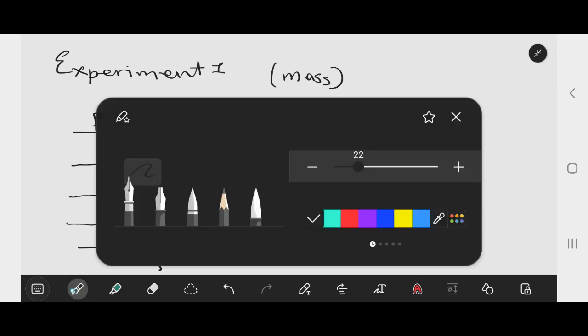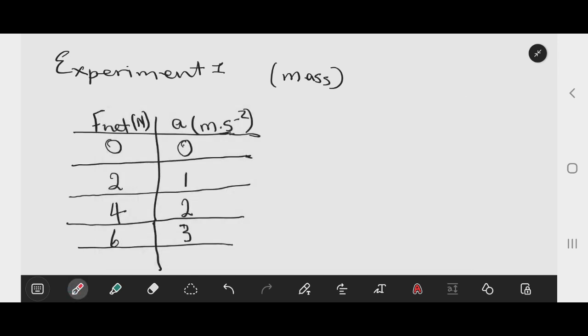Now, since this is an experiment, we should have the independent variable, and the independent variable is the variable that we are changing ourselves. In this case, we are changing the net force, so the net force is our independent variable.